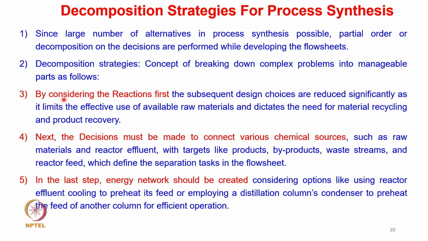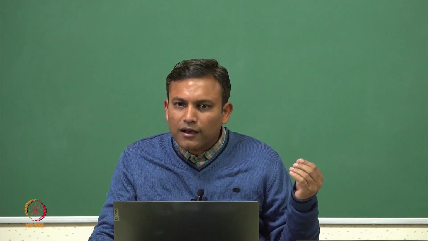For process flowsheet development, by considering the reaction first, the subsequent design choices are reduced significantly, as it limits the effective use of available raw materials, and it dictates the need for material recycling and product recovery. So by taking the reaction first, several alternatives can be eliminated.